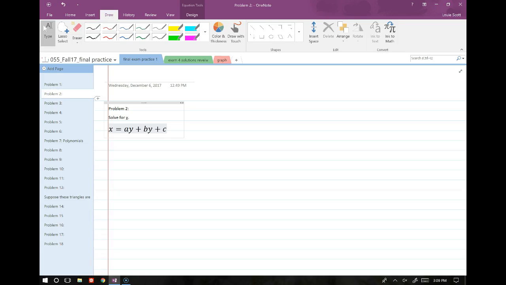All right, so how about this one? This is one of the equations where we're solving for a variable. And so this one, I ask you to solve for y. Go ahead and I'll give you about 3 or 4 minutes.